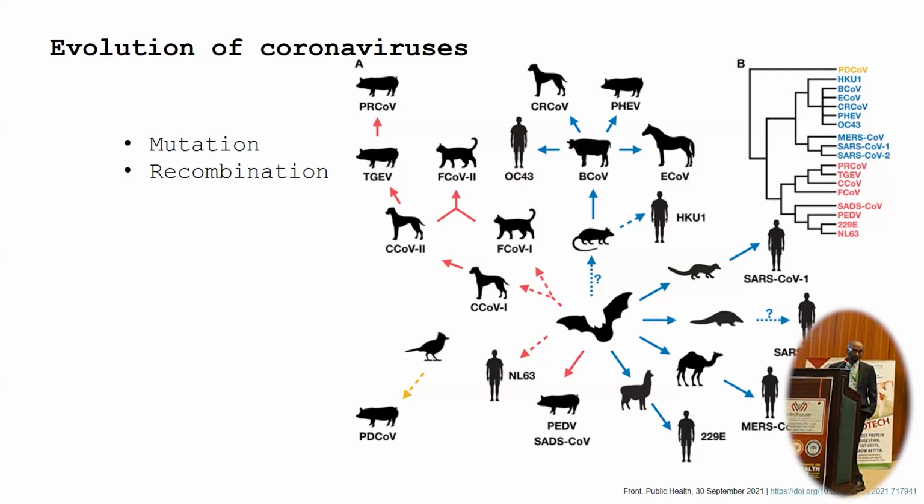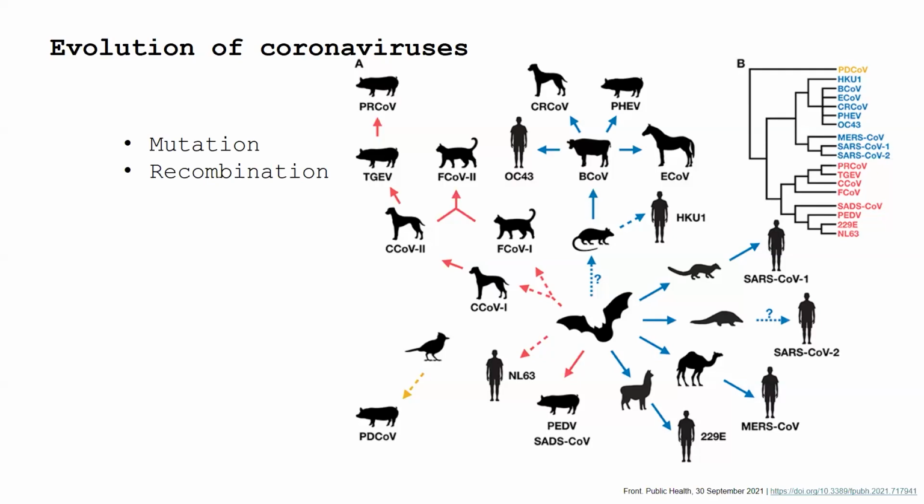So it looks like coronavirus can jump to any animal species. Why? What is the basis? It is because of the RNA genome, which is vulnerable to mutation and also recombination. The way the coronaviruses replicate leads to recombination very easily.